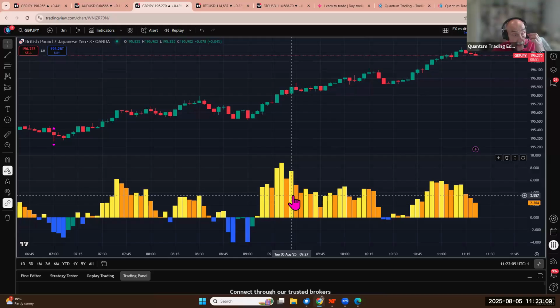Now, in addition to that, you're also looking at the same thing we do in VPA. We've got a trend that's rising, but the relative volume is actually falling away in that trend. So it's no surprise when we get to these pause points here, what we expect to see is two things. First of all, a change in color, and ultimately a fall in the height of those volume relative strength bars.